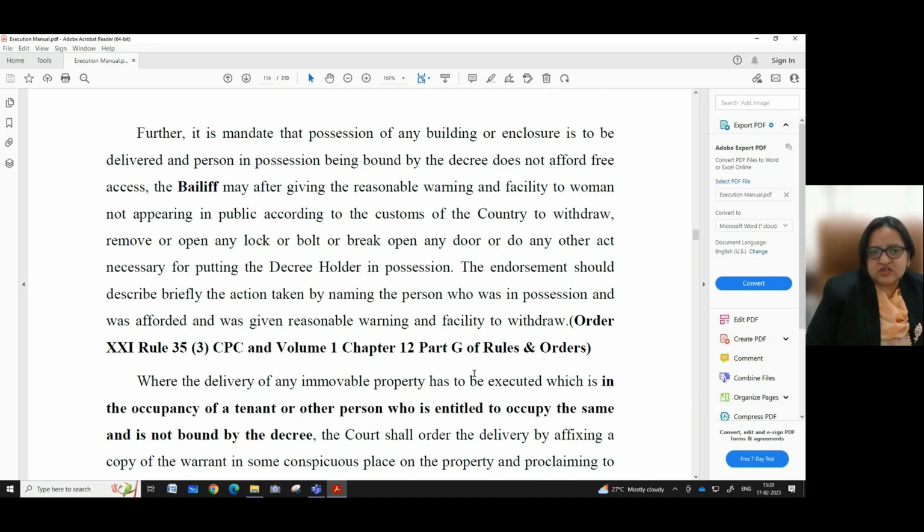The endorsement should describe briefly the action taken by naming the person who was in possession and was given reasonable warning and facility to withdraw. Order 21, Rule 35, Sub Rule 3, CPC, and Volume 1, Chapter 12, Part G of Rules and Orders.